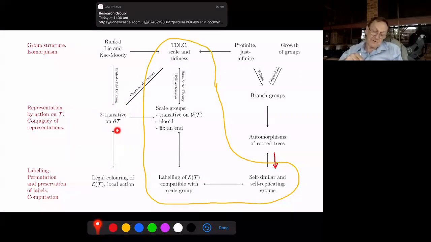They act transitively on a tree, and in fact two-transitively on the boundary. And there's an approach to totally disconnected locally compact groups suggested by Pierre-Emmanuel Caprace, where he suggests that these groups acting on trees are a sort of microcosm of the full picture of totally disconnected locally compact groups, that many of the features we see in the general case we already see in these groups acting on trees.